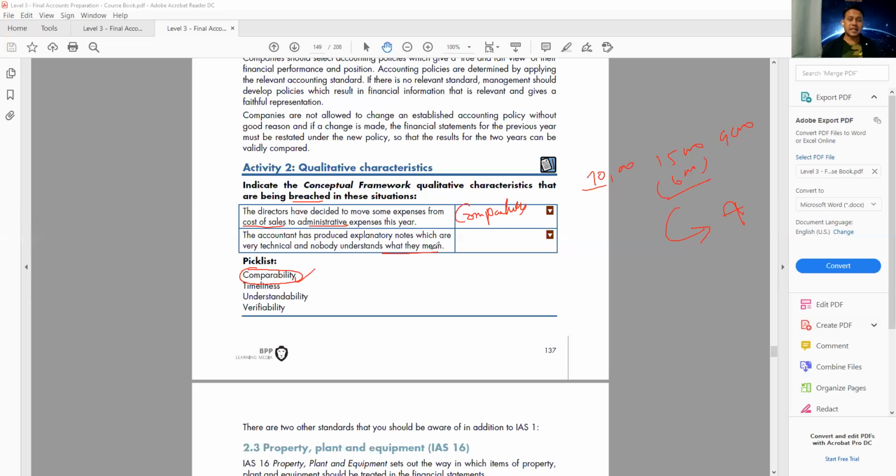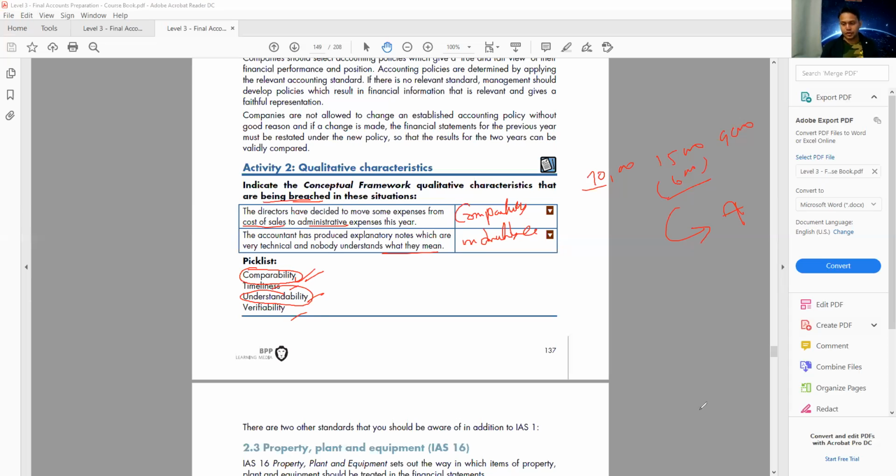So what is basically being breached in this situation? So you have four: comparability, timeliness, understandability, and verifiability. So obviously the understandability. It is not clear, it is not understandable. So we compromise the understandability here.